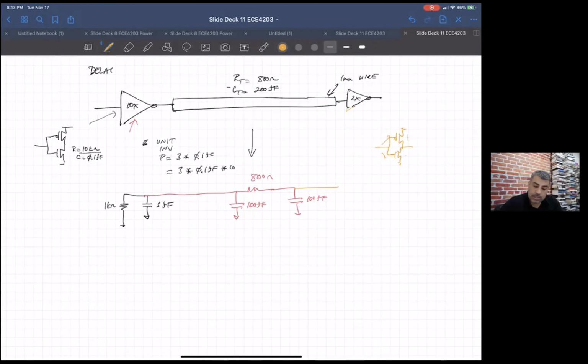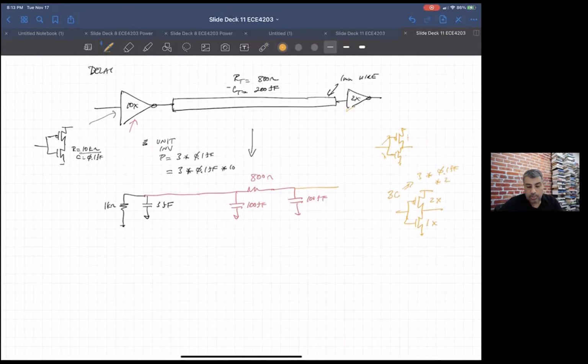Well, let's look at it together. A typical inverter was a 1x: the N was 1 times width, and the P was 2 times width. Each one of these had 1C of capacitance. So it was 3C, or in this case, 3 times 0.1 femto. But it's a 2x inverter, so you multiply it by 2.